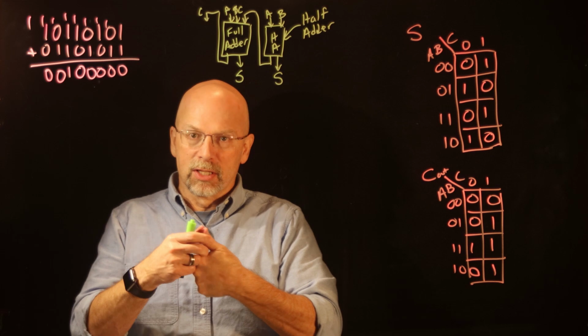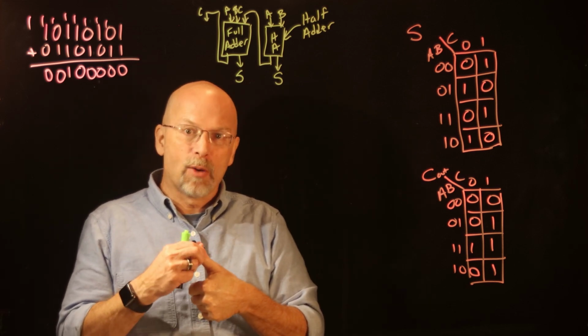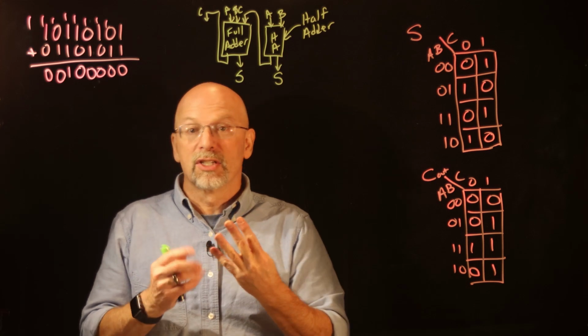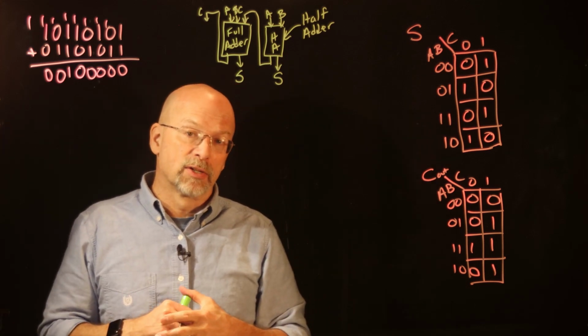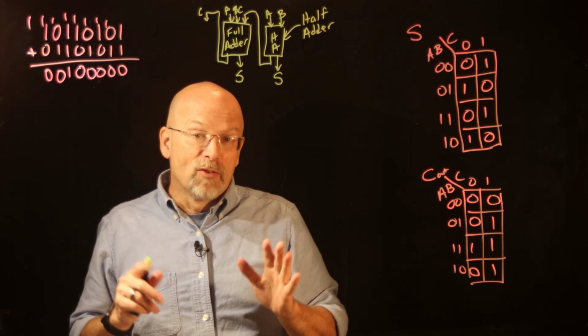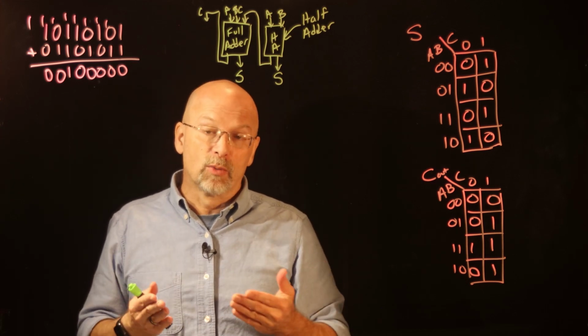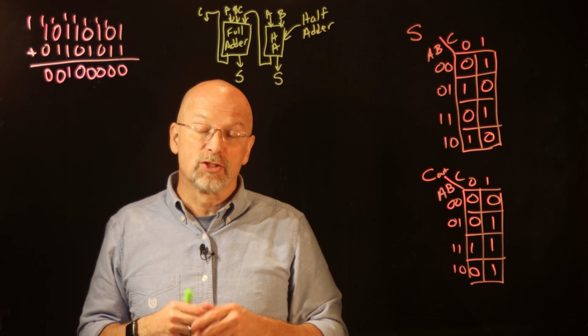One of the rules is that the size of every rectangle must be a power of 2. So we can have 1 cell in a rectangle, 2 cells, 4 cells, 8 cells, or 16 cells. Rectangles may overlap, but every single rectangle must have at least 1 cell that's unique to it.